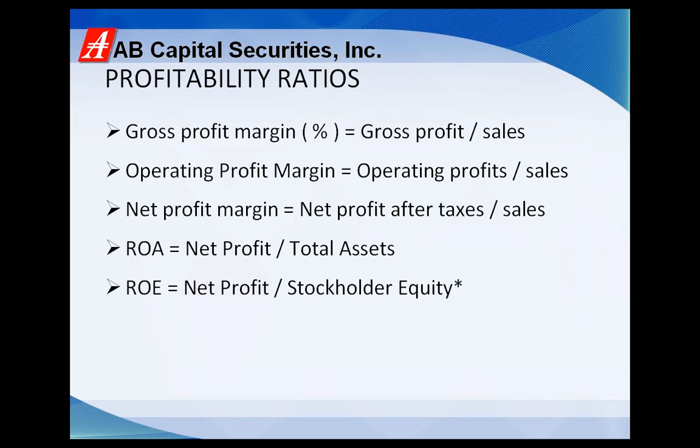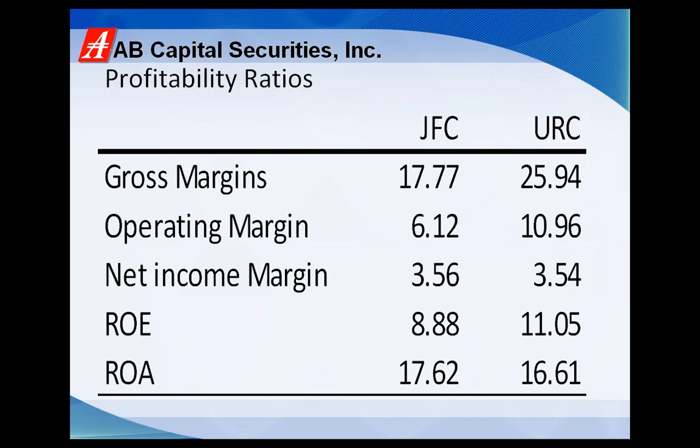Now, going back to Jollibee and URC, you will see and compare the profitability margins, and URC is showing higher margins overall. The company manages to generate 25% of their sales translated into gross profit, and a 10% margin in terms of operating income.